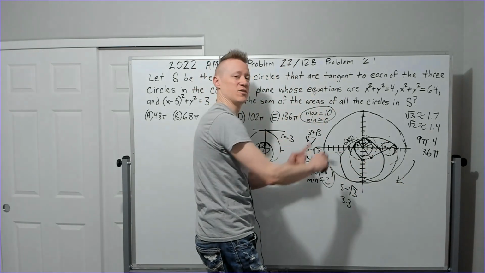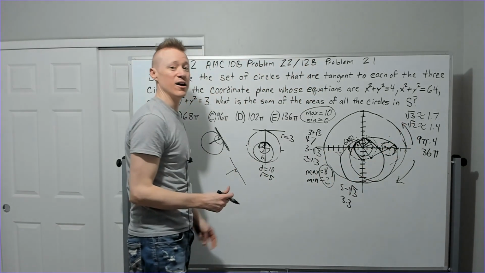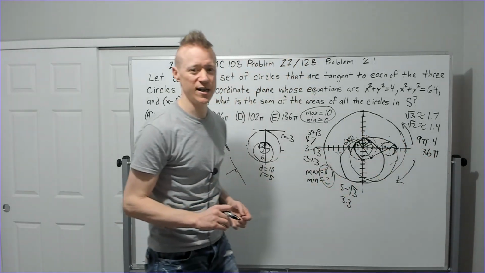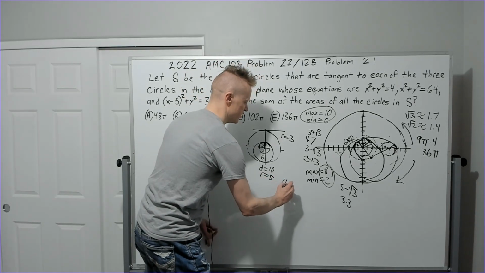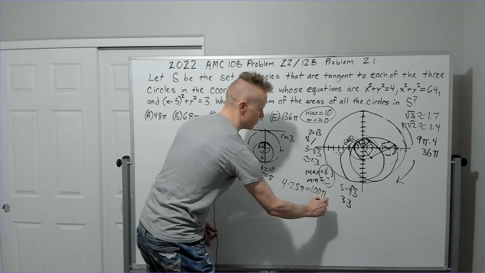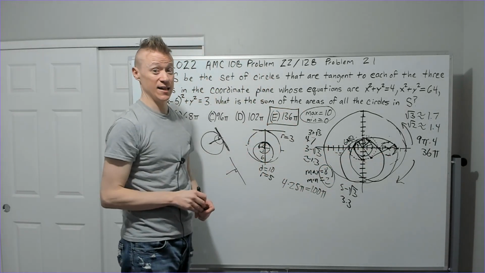What do you think happens going the other direction? You're going to get two more circles up there, just like this one. 4 circles, each with radius 5, each with area 25 pi. 4 times 25 pi will be 100 pi. And when you add those, you get E, which is the answer.